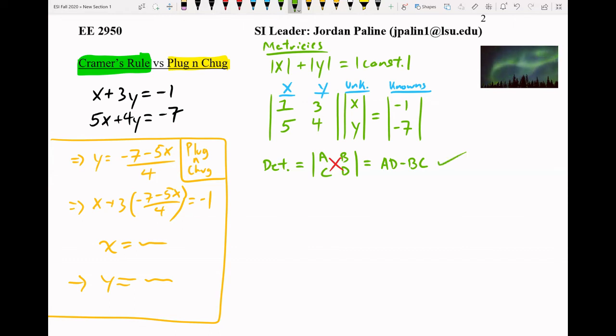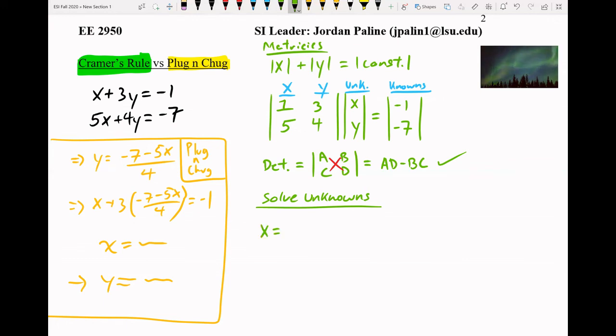Now, to solve for unknowns, we can say, all right, I want to find, say, the value of x.